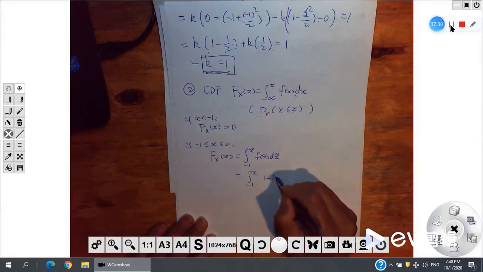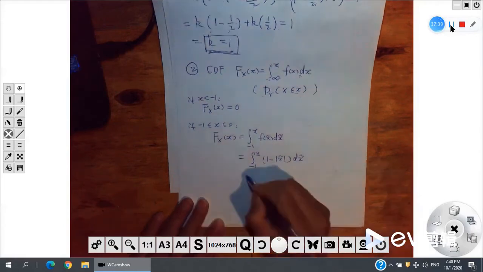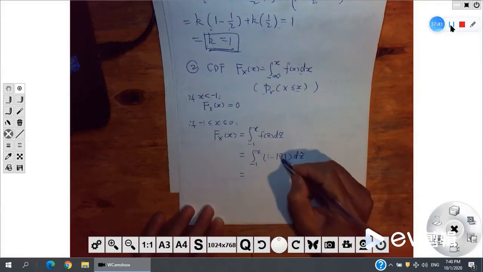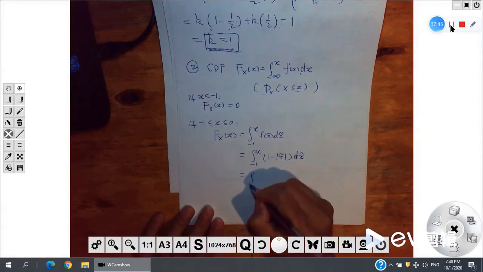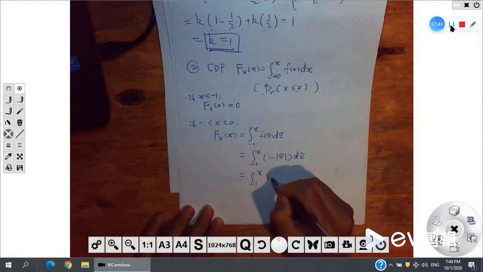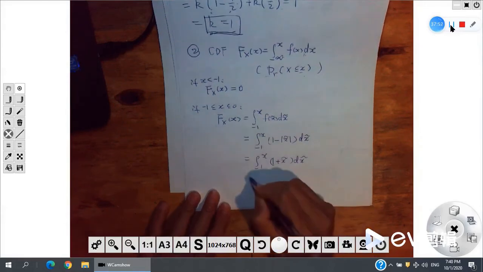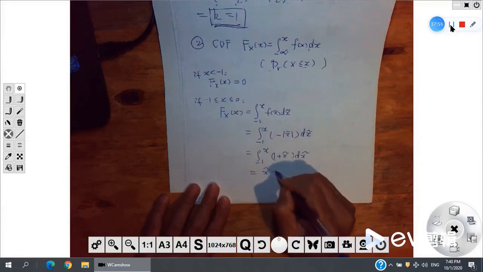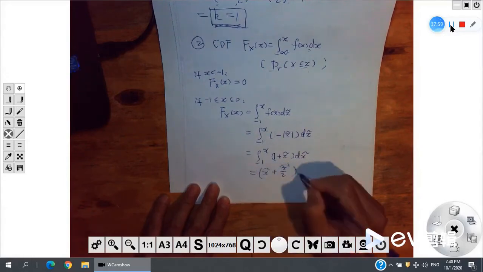So this is the absolute value of x tilde. K is 1, right? So no k, x tilde. And this should now be negative x tilde because it's a negative value, right? So this is negative 1 to x, 1 plus x tilde times dx tilde. It will be x tilde plus half of x tilde squared, running from negative 1 to x.